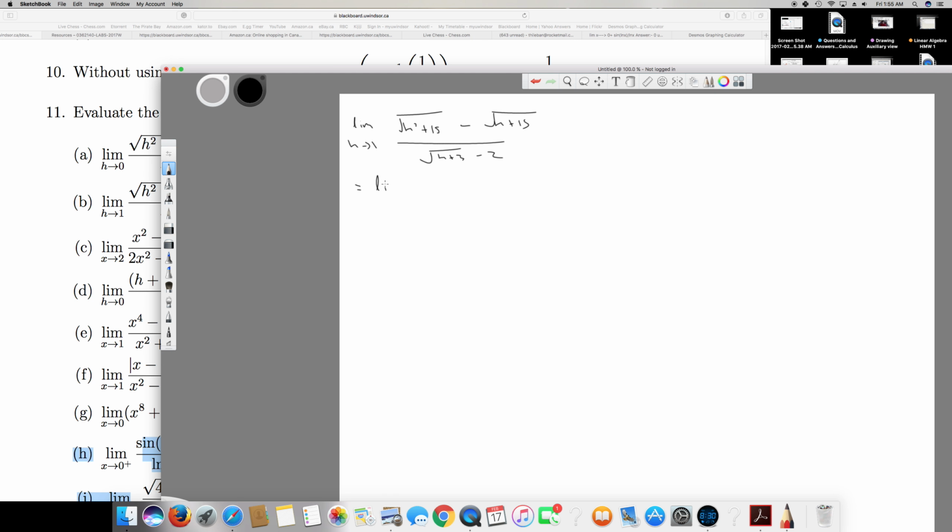It's equal to limit h approaches 1, square root of h square plus 15 minus square root of h plus 15 over square root of h plus 3 minus 2 multiplied by square root of h square plus 15 plus square root of h plus 15 over square root of h plus 3 plus 2, and oh no, not this one, the bottom also same thing, right?